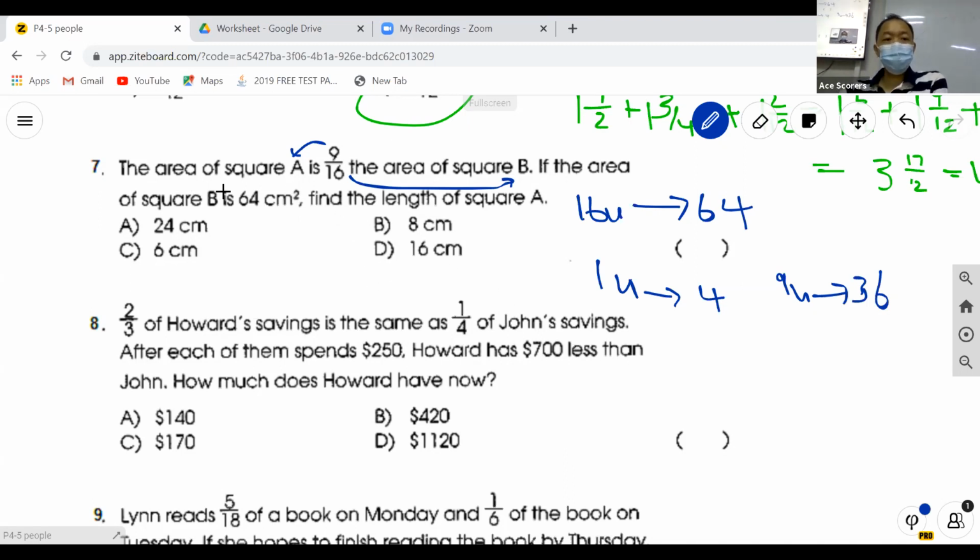Wait a minute. The area of square A is 9 units, 16 units. Isn't it 36 already? Isn't it 36? This is the area.